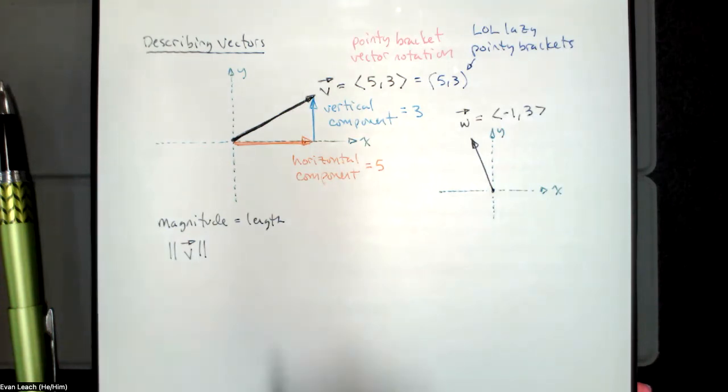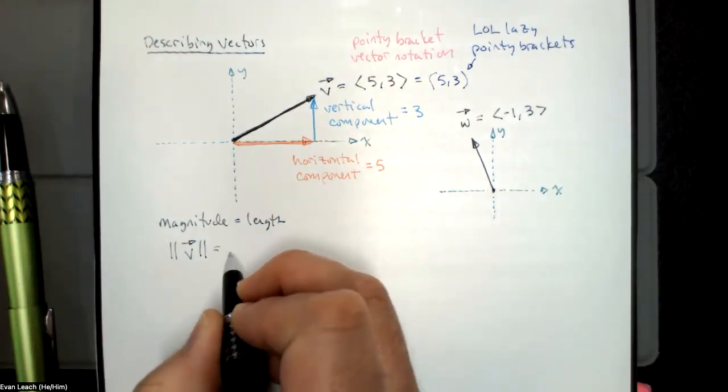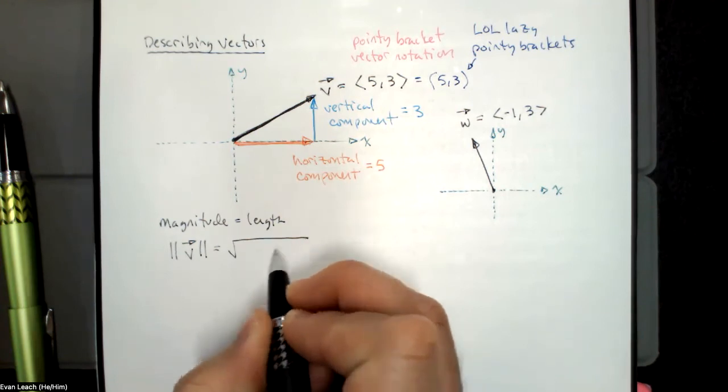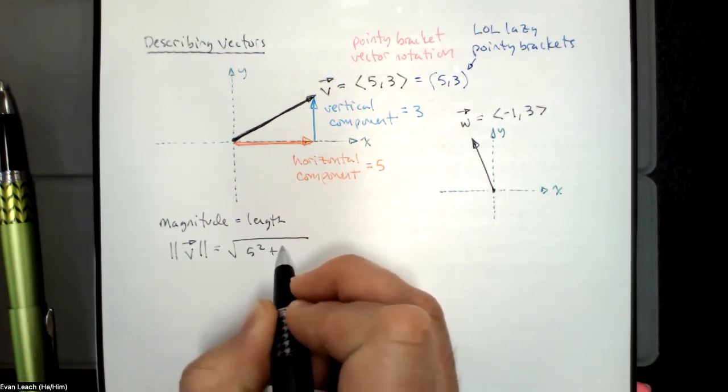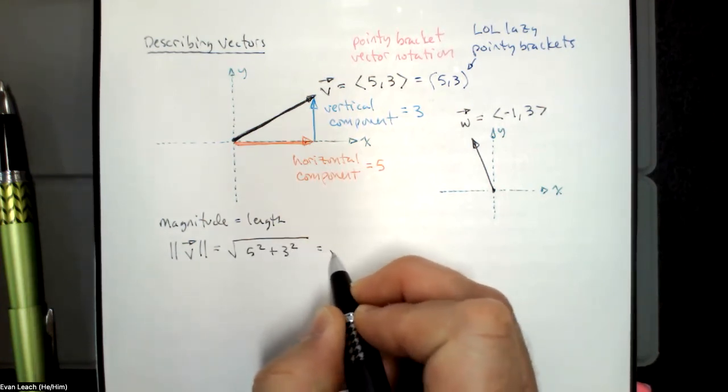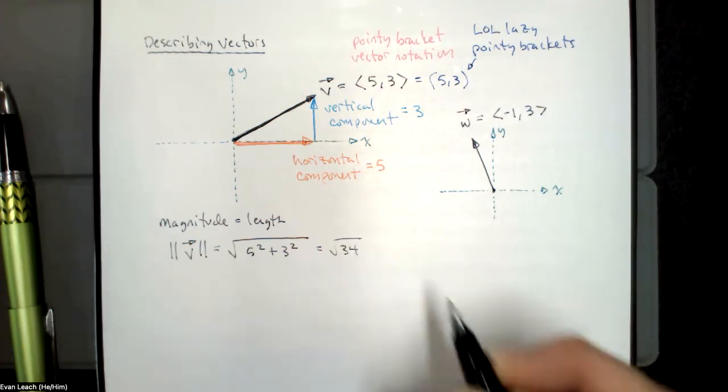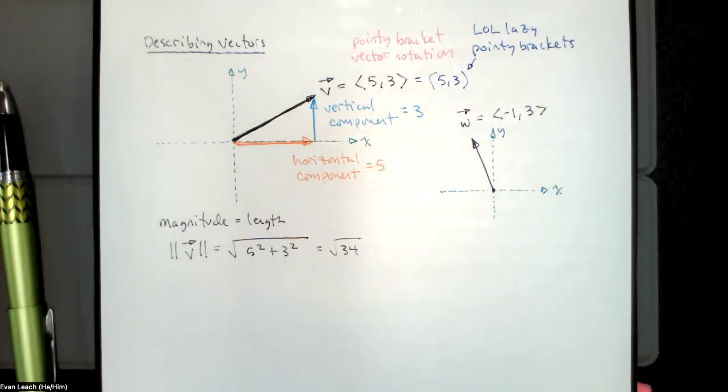This is going to be a scalar. And that is just the length of this vector.